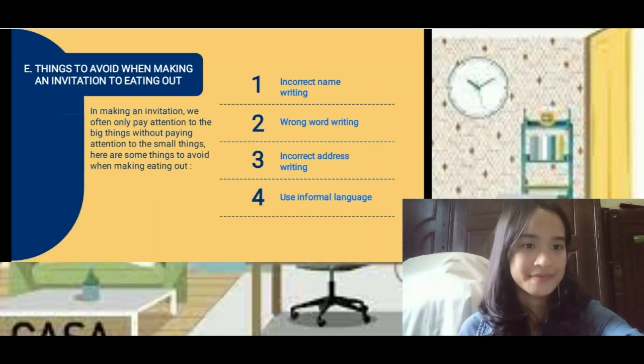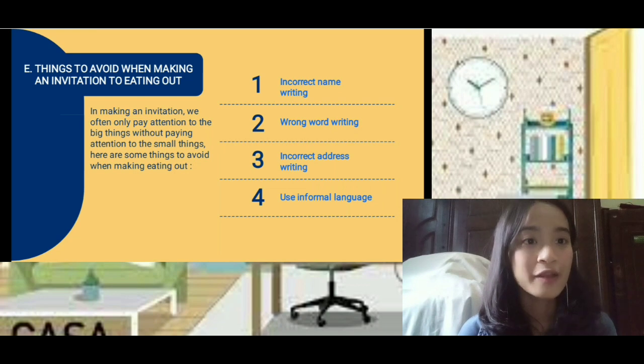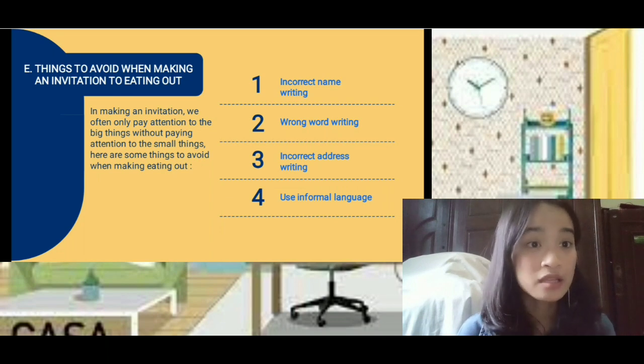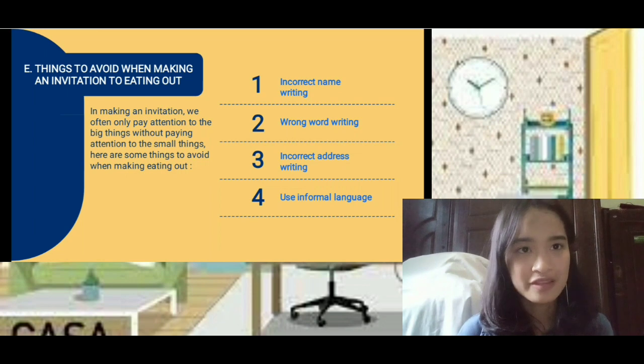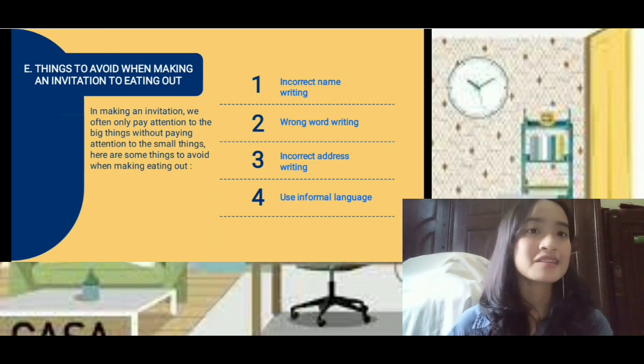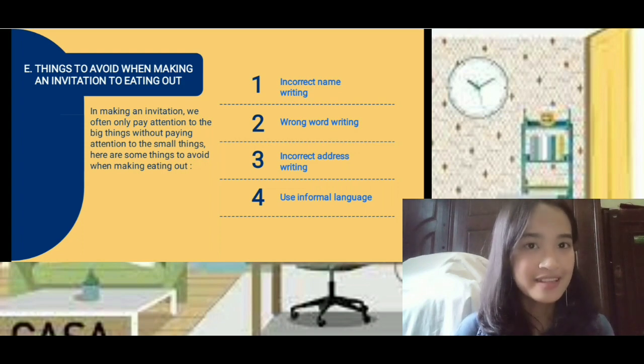So in this slide, we're going to talk about things to avoid when making an invitation to eating out. In making an invitation, we often only pay attention to the big things without paying attention to the small things. So here are some things to avoid when making an eating out invitation. The first one is incorrect name writing.